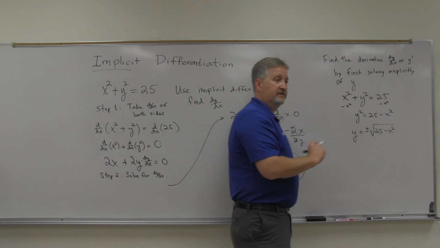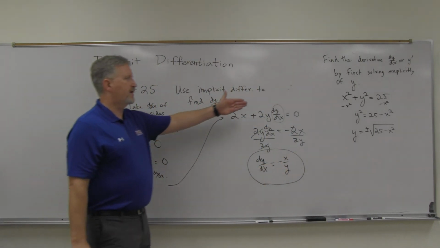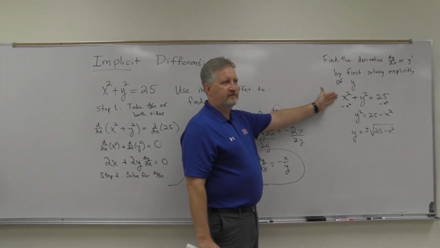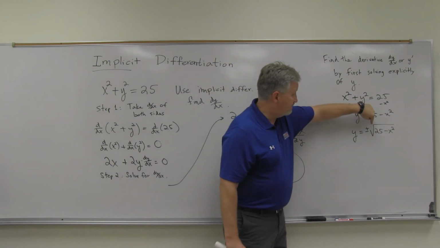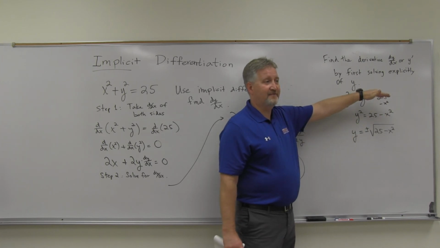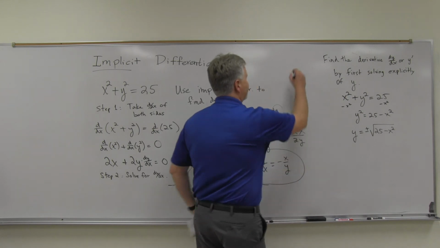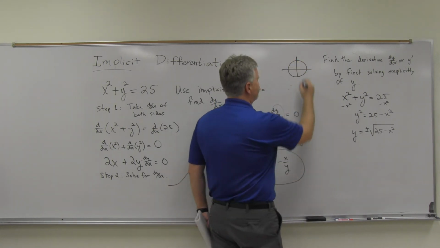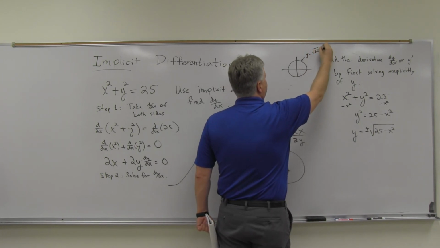You have to do the plus or minus to get both sides, because does anybody recognize what I've got here, graph-wise? Isn't that a circle? Radius 5. And so the top half would be the positive square root of 25 minus x squared, and the bottom half is minus the square root of 25 minus x squared.